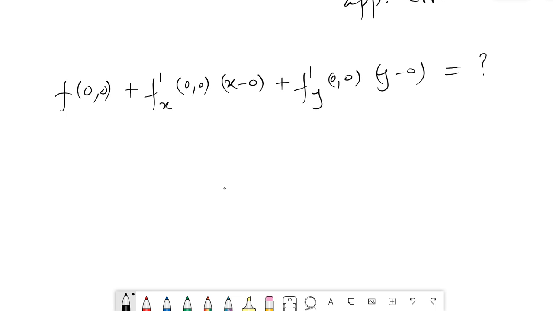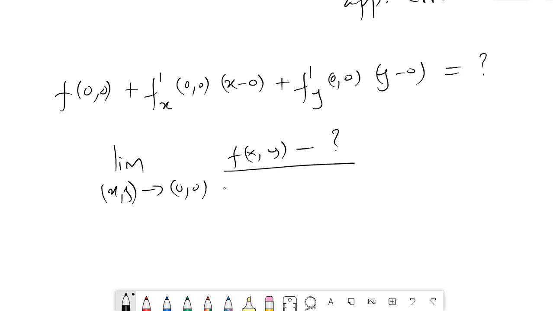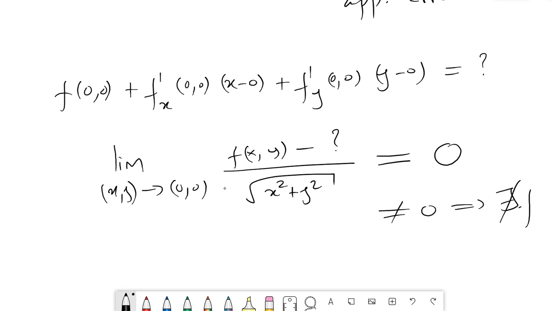And then we take the limit when x, y goes to 0, of the function f of x, y minus this, and so if the function f has a derivative, this has to be 0. Okay, if this is not 0, that means the function is not differentiable. Okay, I think this is clear.